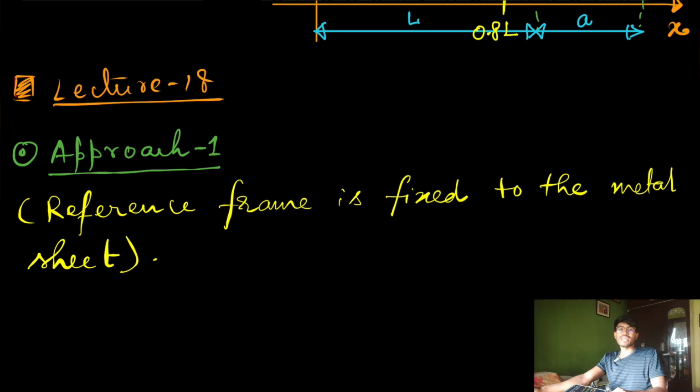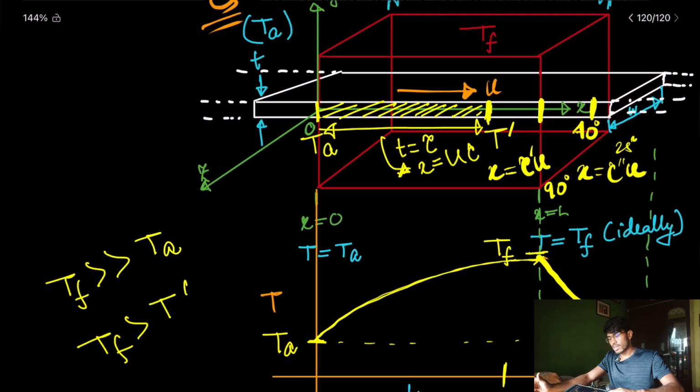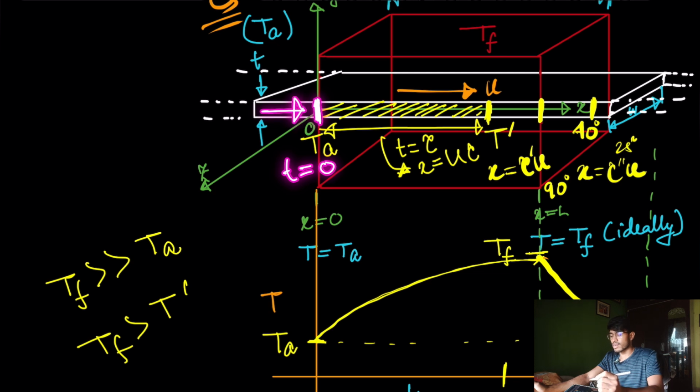I gave you an analogy that you consider yourself sitting on that metal sheet. I was talking about a point or a segment on the metal sheet that at time t equal to 0 is just entering through this side of the furnace. You consider yourself sitting there.